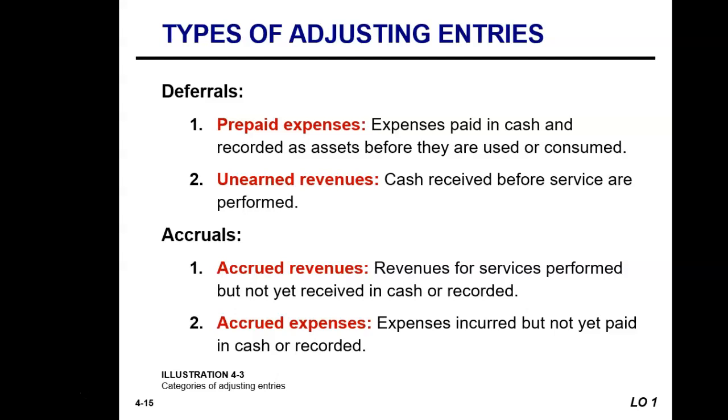For the airline industry, that is known as unearned revenue. The adjustment says what portion of the unearned revenue have we earned by the end of the accounting period? We'll take a look at those types of adjustments.